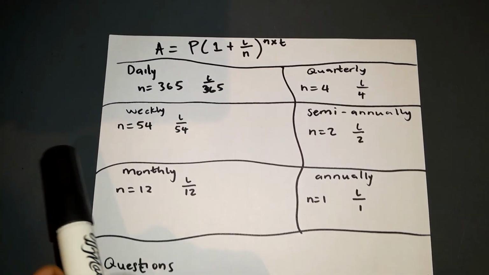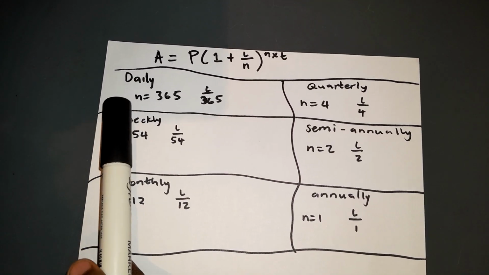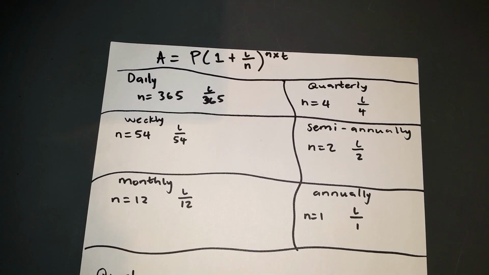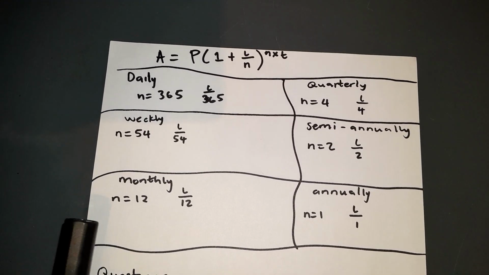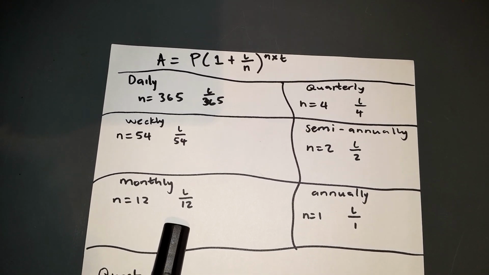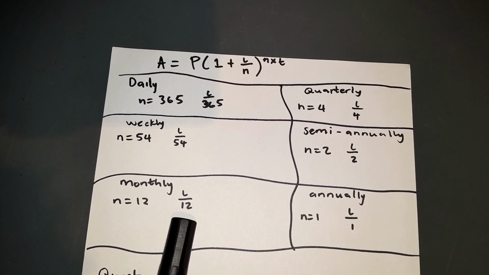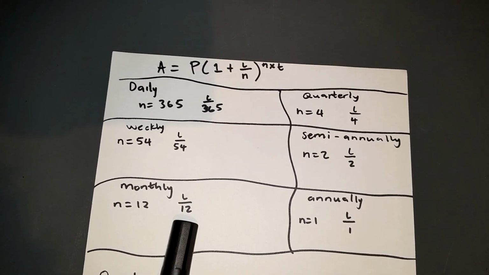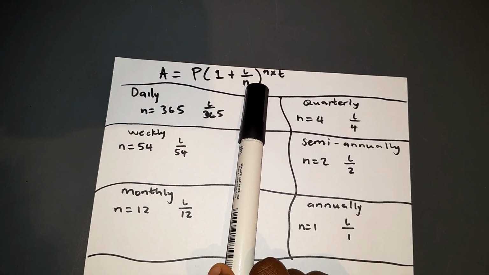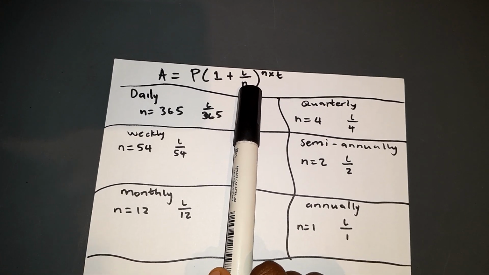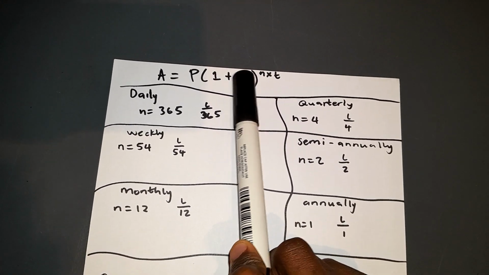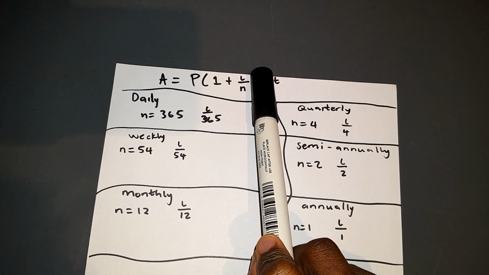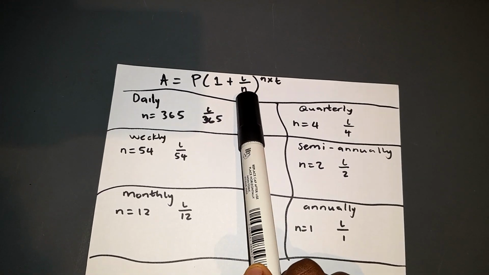So now here, for example, let's say they tell us that our interest is compounded monthly. Then i, the interest rate, is divided by 12. Let's say maybe it's 7% compounded monthly. We will say 7% over 12, or we can write the 7% in decimals, which will be 0.07 over 12.